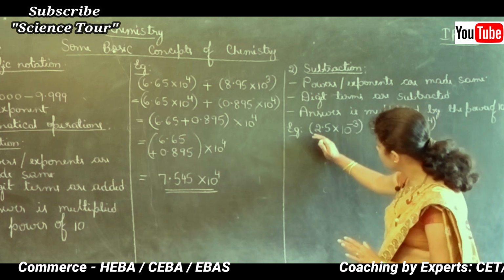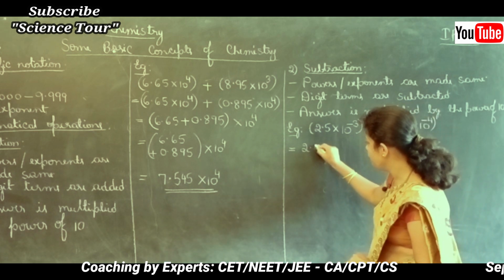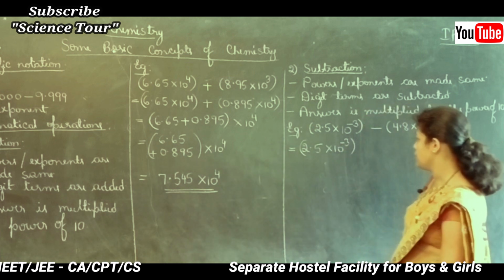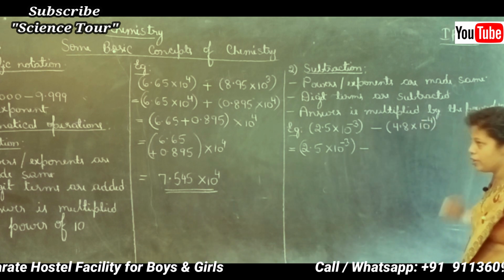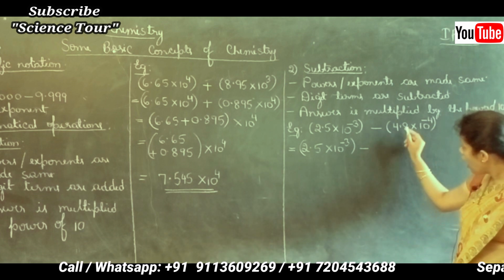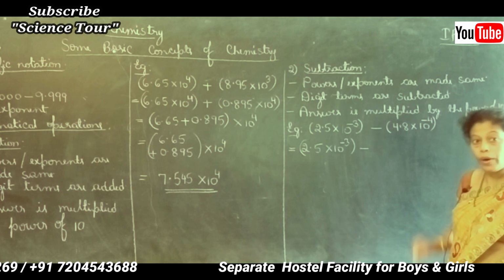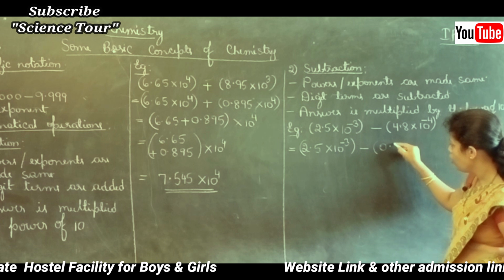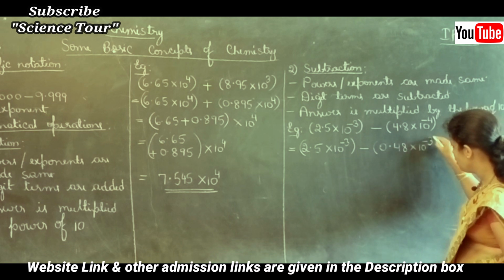Here I'll keep the first term as it is: 2.5 into 10 to the power minus 3. Minus. Here the power is 10 to the power minus 4 in the second digit term. So what I will do is shift the decimal point one digit to the left side. When I do this, the number I get is 0.48 into 10 to the power minus 3. Why?